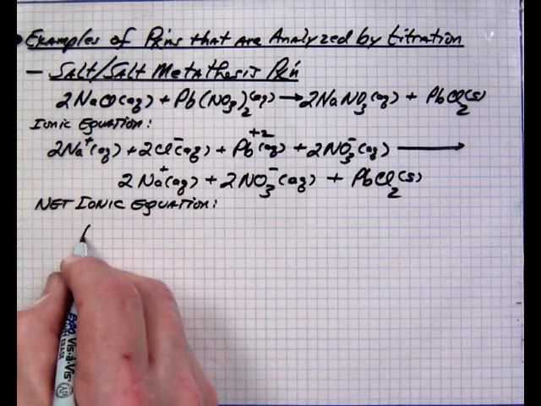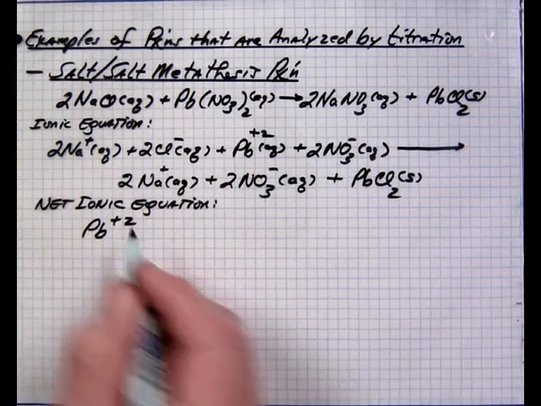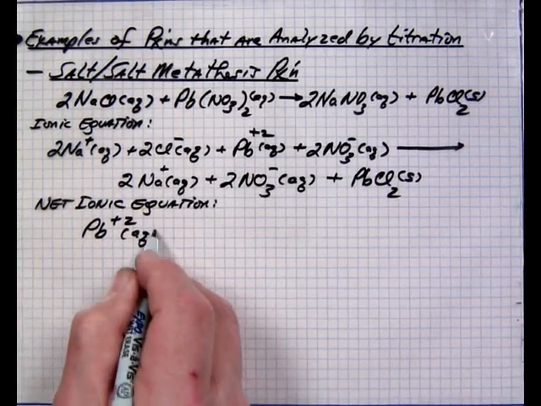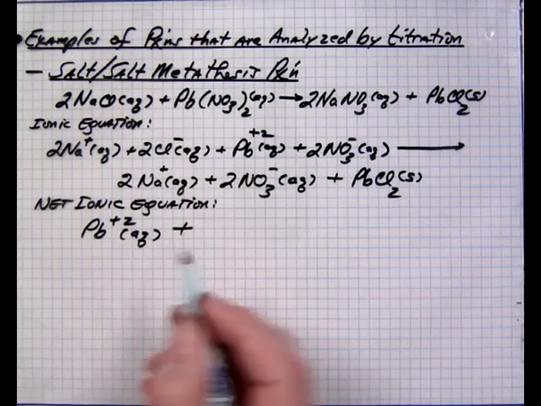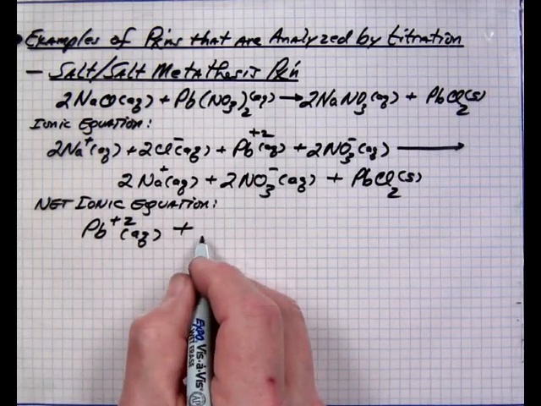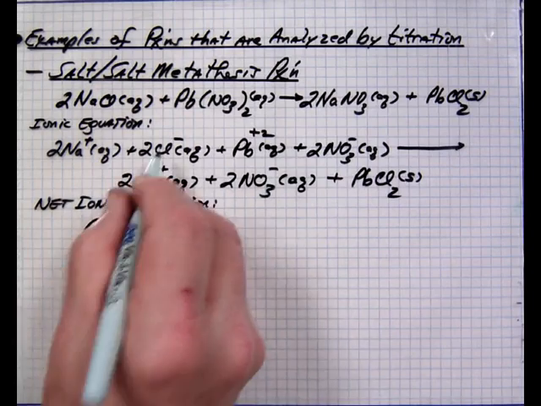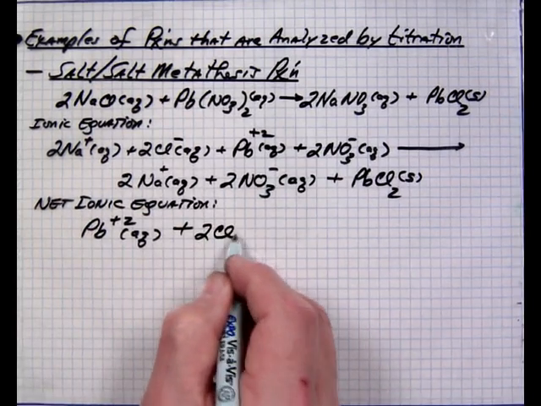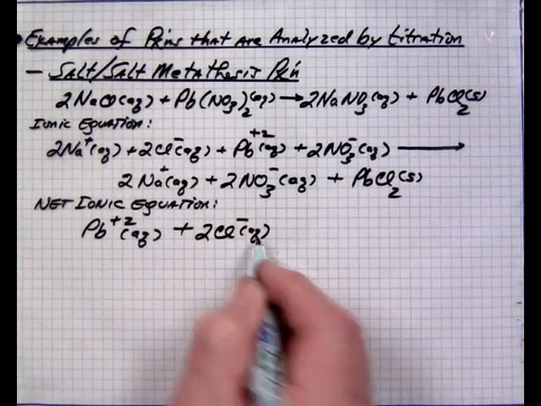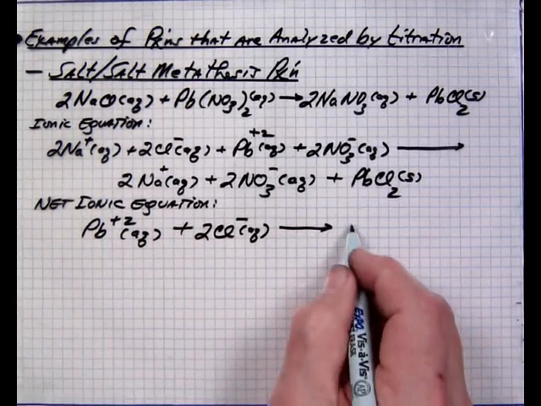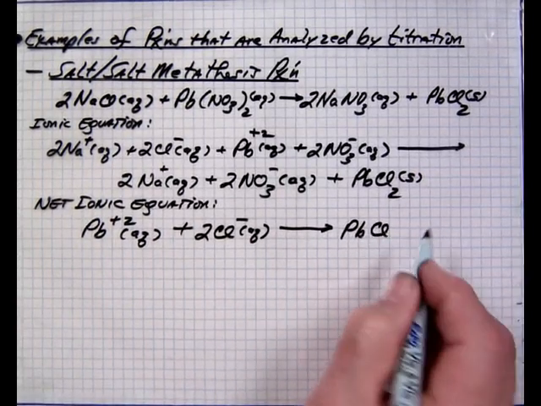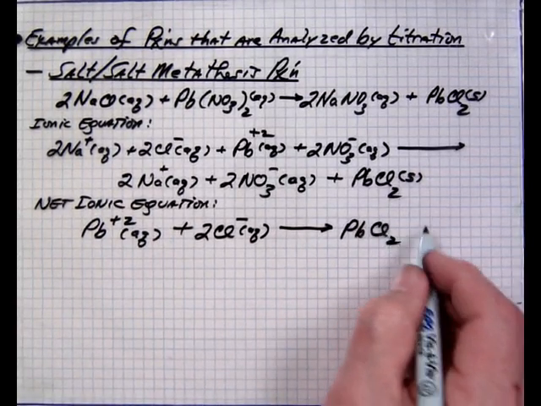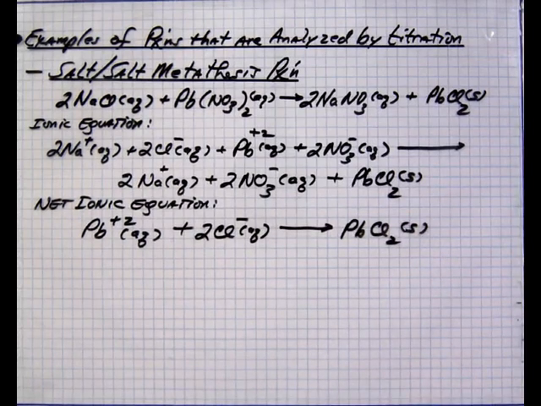Traditionally the metal, or cation, is shown first, plus chloride, forming the lead chloride precipitate, the ionic precipitate.